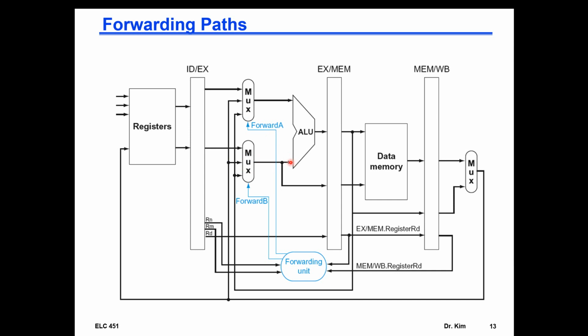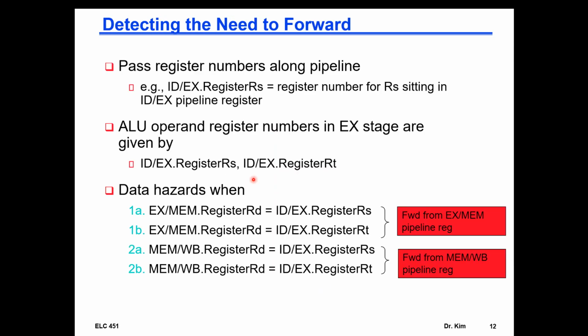And then for port B, we can also forward from the write back or from the execution memory stage. So let's go back to make sure. So the second condition is from the write back.